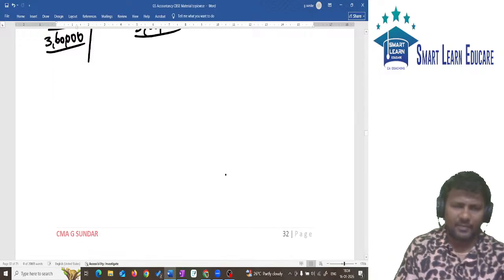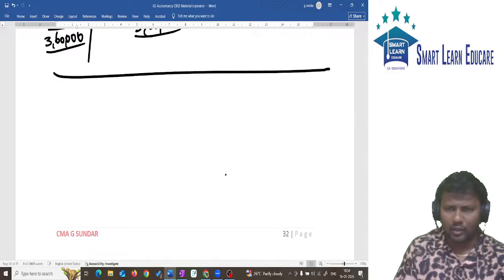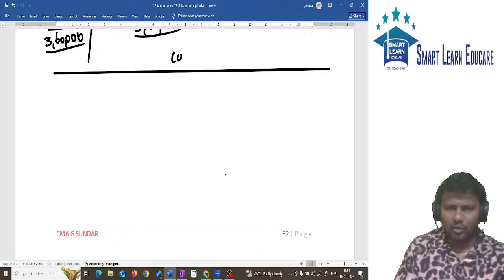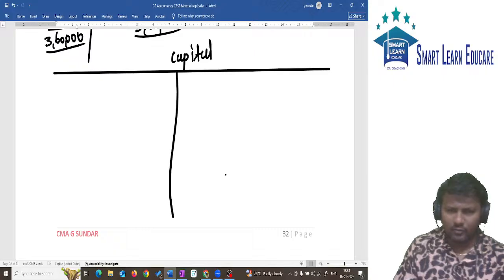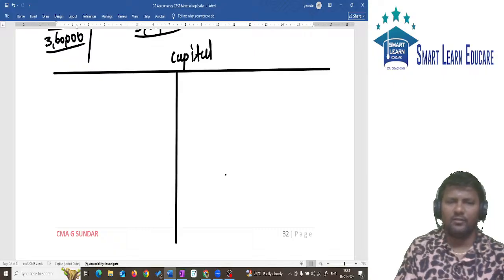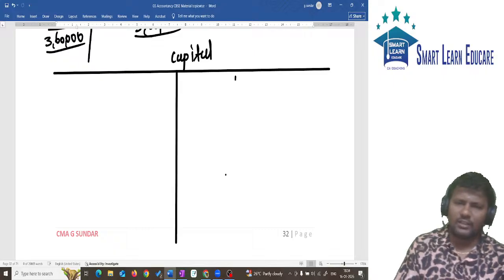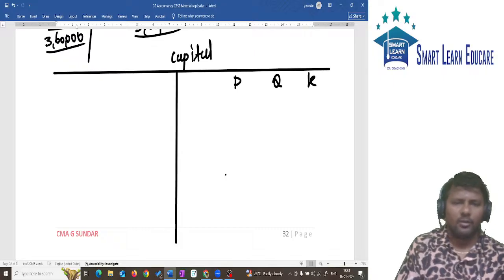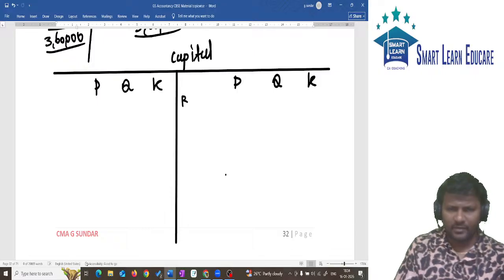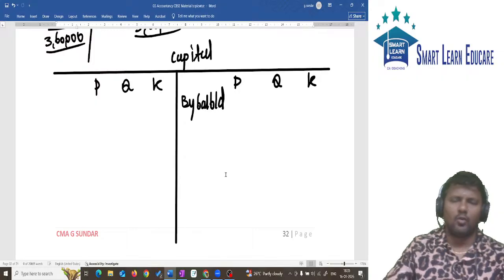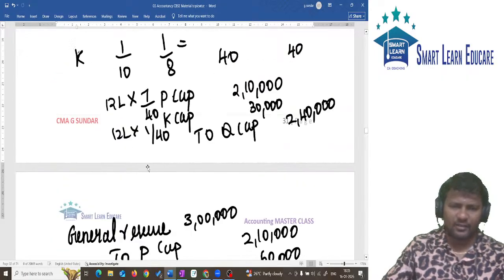Now we need to prepare the important account called capital account. The capital account we should prepare. In capital account, how many partners do we have totally? 3 partners. Who are the 3 partners? P, Q and K. First, by balance brought down, the opening balance of partners capital.